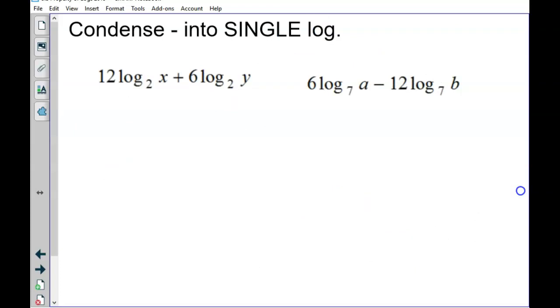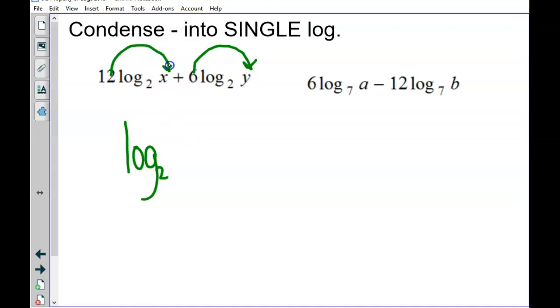This is a little practice on condensing. Anybody want to try this? I don't know that you have these, but where can I move that 12? And where can I move this 6? Okay. And then what does plus mean? So you multiply 12 times y to the 6.